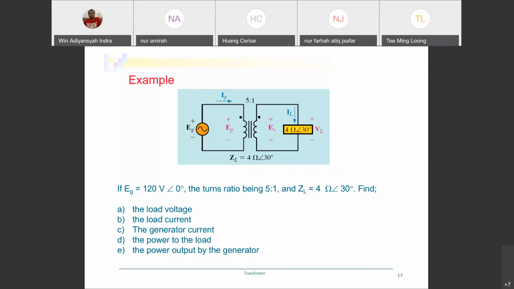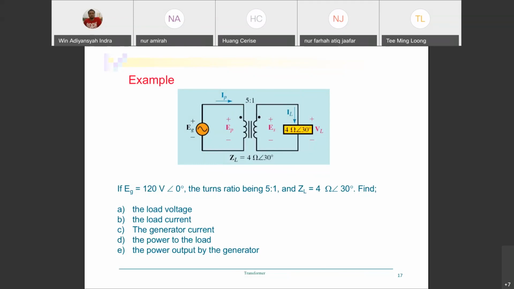If you see, the left side is the primary side, the right side is the secondary side. EG means a generator, 120 volt with 0 degree, the turns ratio being 5/1.